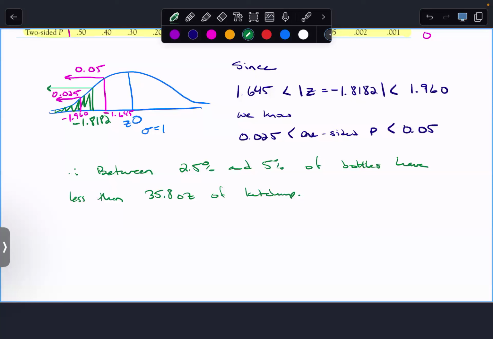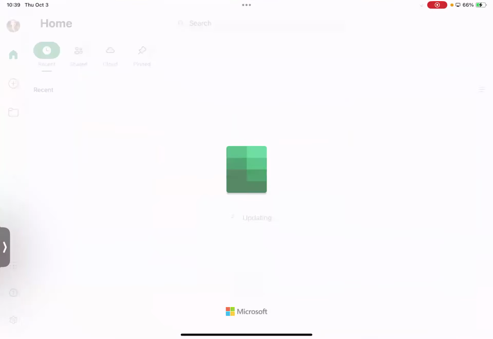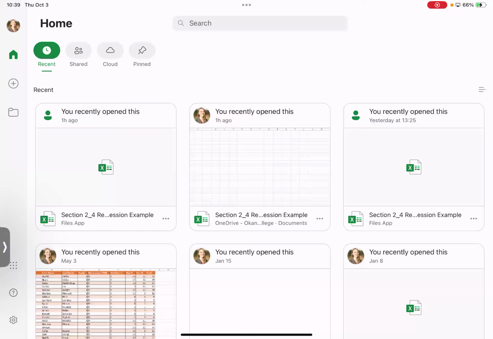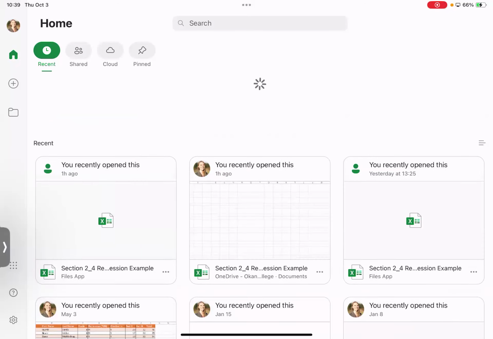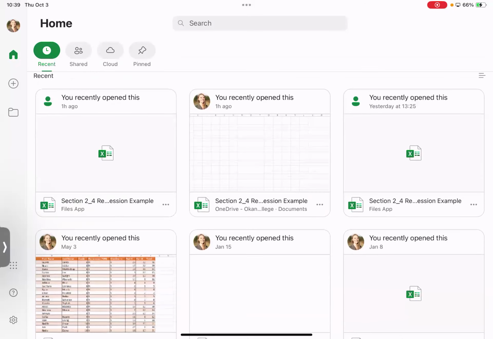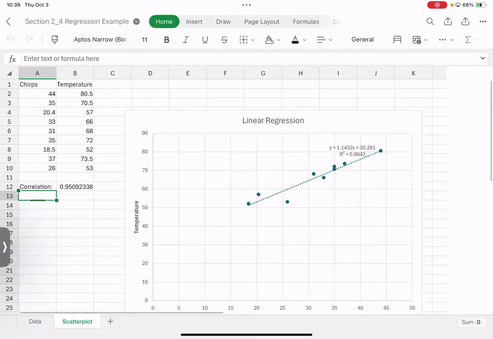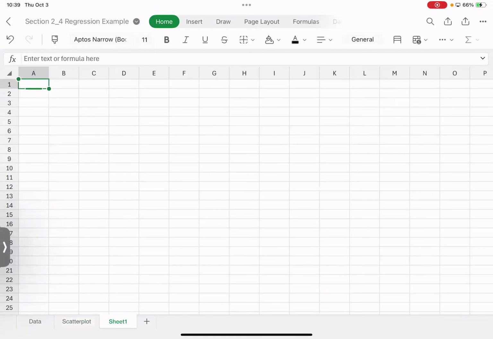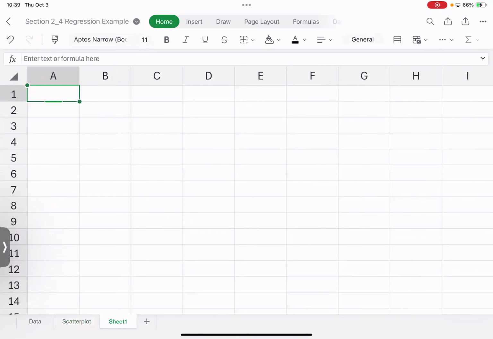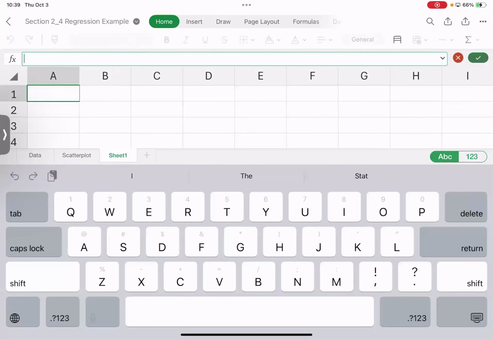If we wanted the exact probability, we know it's somewhere between 2.5% and 5%. So that gives us a pretty good idea of where it is, but we can use Excel. I'll just open a new tab. Do you remember?